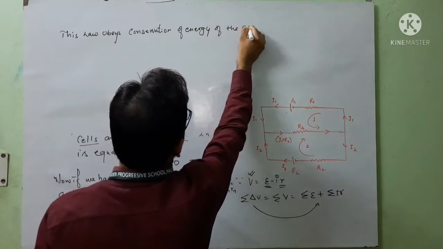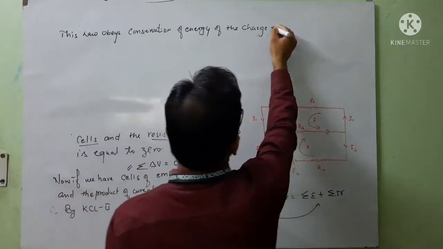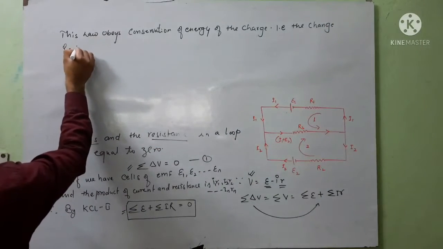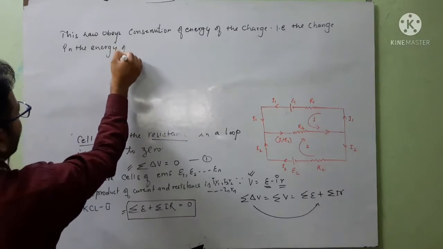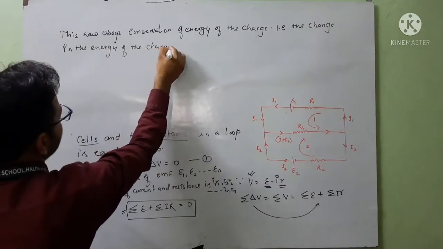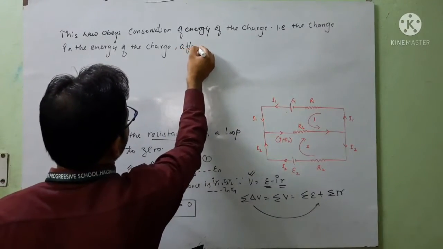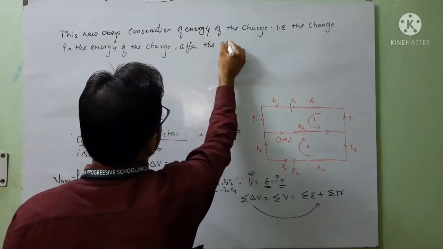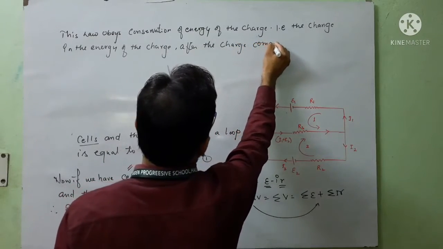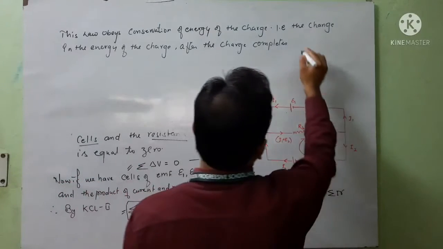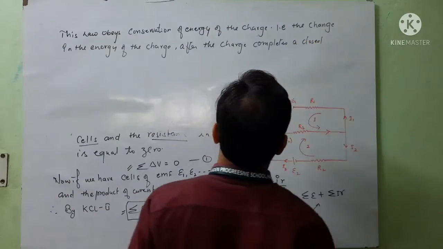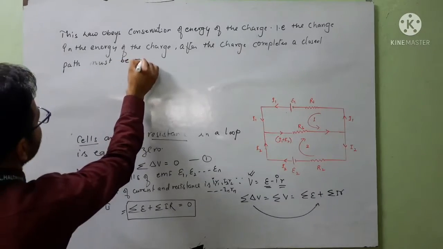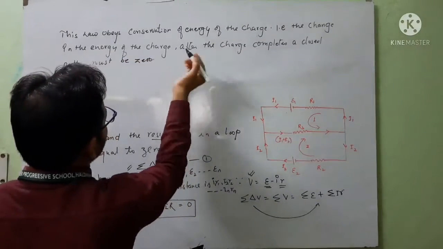It means the change in the energy of the charge after the charge completes a closed path must be 0.